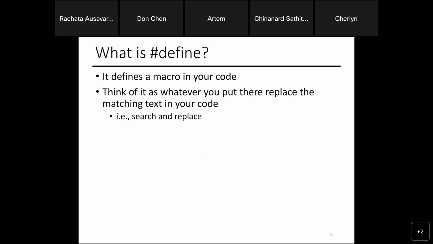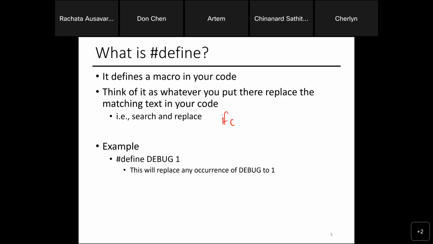Think of it as whatever you put there, you replace the search term with something else. For example, I can say pound define DEBUG 1. What it does is the compiler will go through your code in text form, and if it sees any occurrence of DEBUG, it replaces that with 1. For example, I can then do this: if DEBUG.